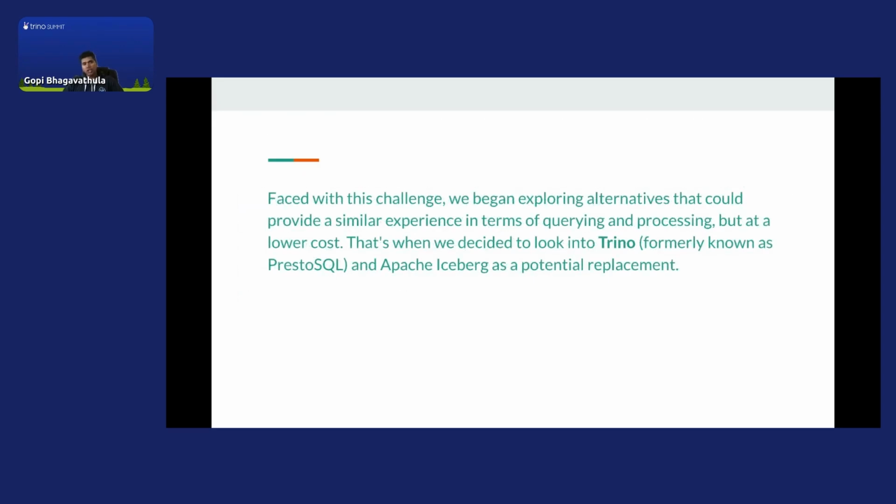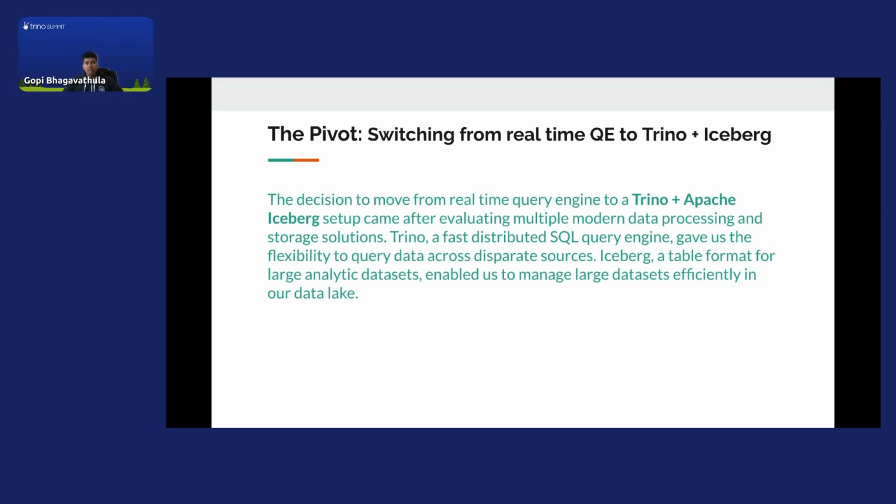Faced with this challenge, we began exploring alternatives that could provide a similar experience in terms of querying and processing, but at a lower cost. That's when we decided to look into Trino and Iceberg as potential replacements. It's not easy to switch from an existing architecture and existing system to a different one.